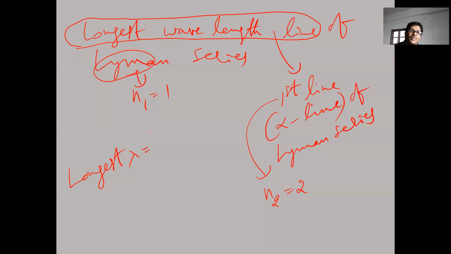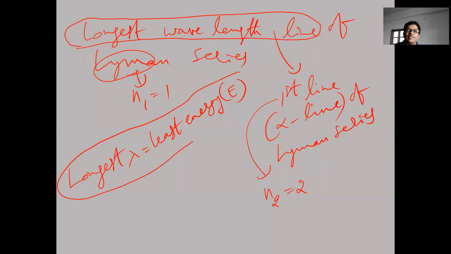In some problems they mention longest wavelength, in some problems instead of wavelength they mention least energy line. Least energy line also means first line. So least energy line or longest wavelength line, we have to imagine the same. Is that clear? So first line or alpha line of Lyman series means n2 value we have to take 2, and Lyman series means we have to take n1 value 1.